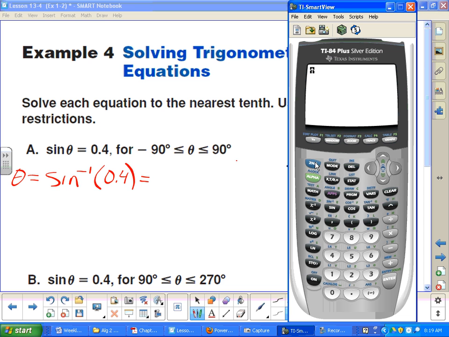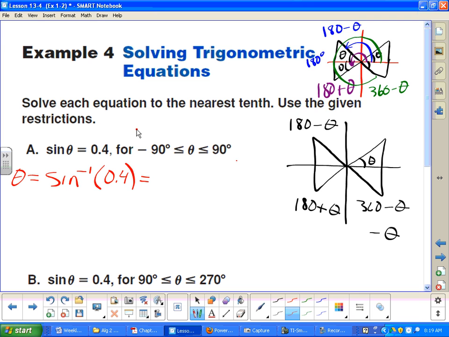Inverse sine 0.4, 23.57, and this says to the nearest tenth, so this is approximately 23.6 degrees, right? Now, I wanted to talk about the reality of that for a minute. Does that make sense?